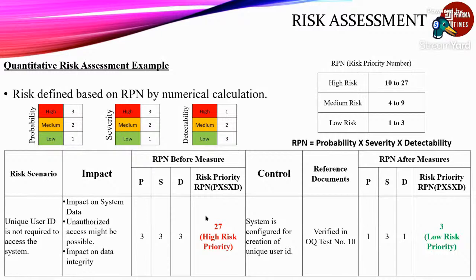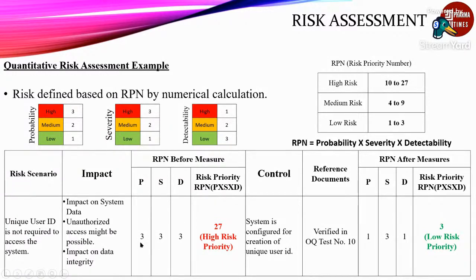I define it based on the numeric approach used for quantitative risk assessment. My probability is high, as already defined in the previous type of risk assessment, so I use number three. My severity is high, so I use number three. Then my detectability is low, so I also use number three for detectability.